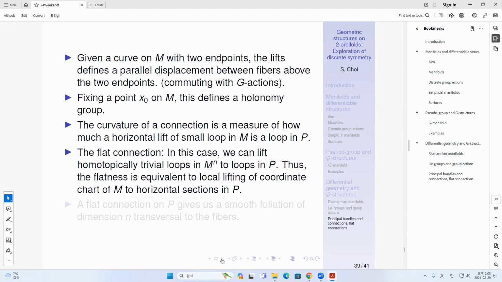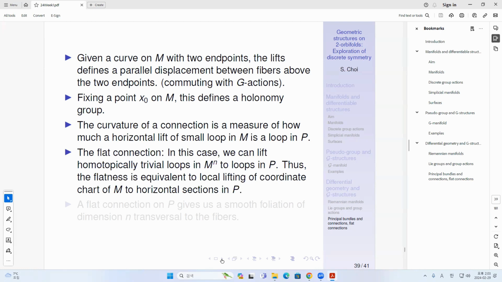So the flat connections are the case when any homotopically trivial loop lifts to a loop. Holonomy means that when I go around and come back to the same point, how much it moved.